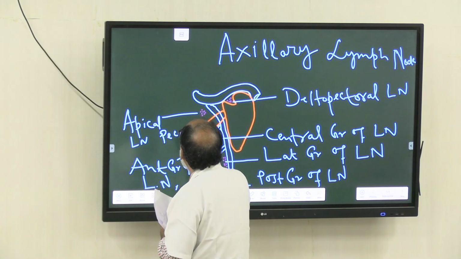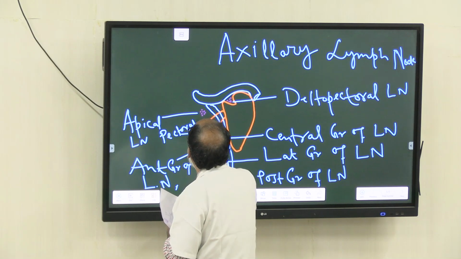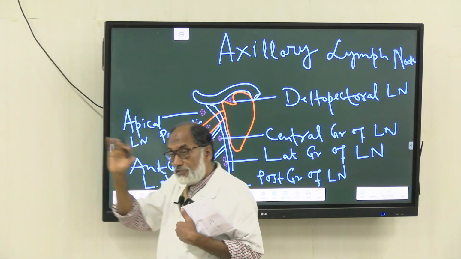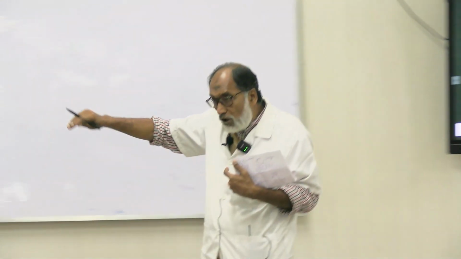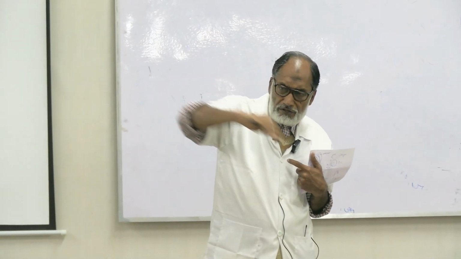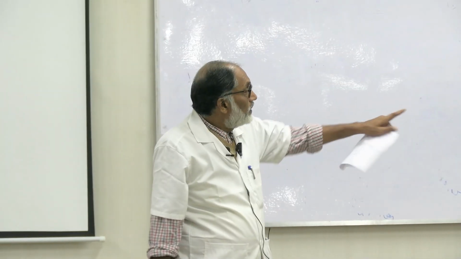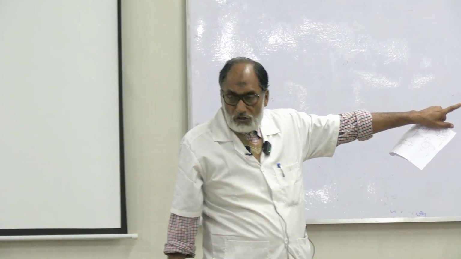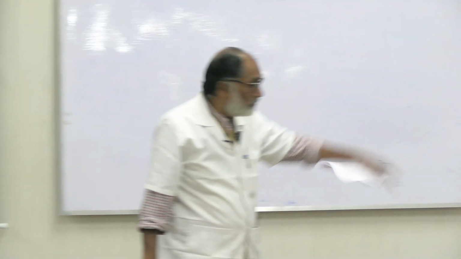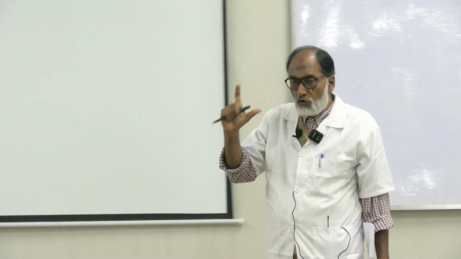You have already seen that along the lower margin of the pectoralis minor, the vessel running towards the chest wall is the lateral thoracic vein. So along the lateral thoracic vein, this anterior group of lymph nodes lies.